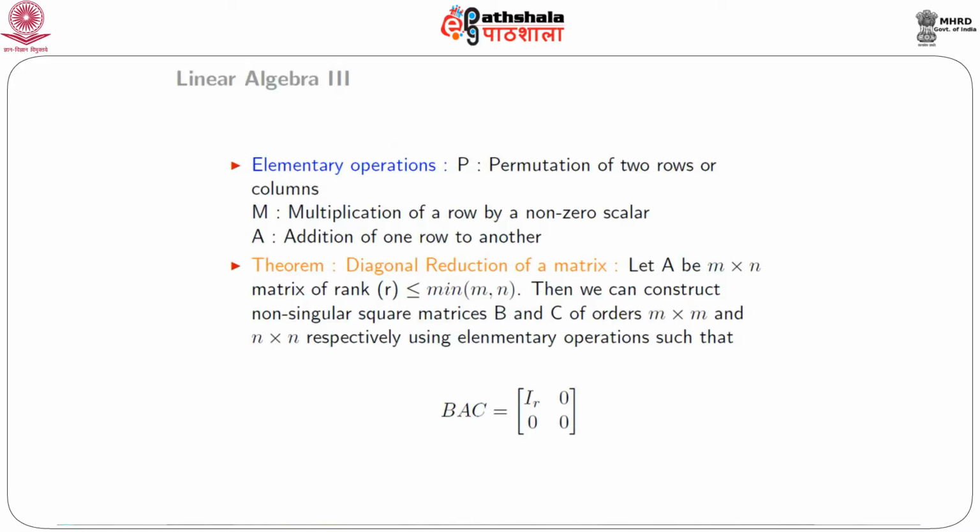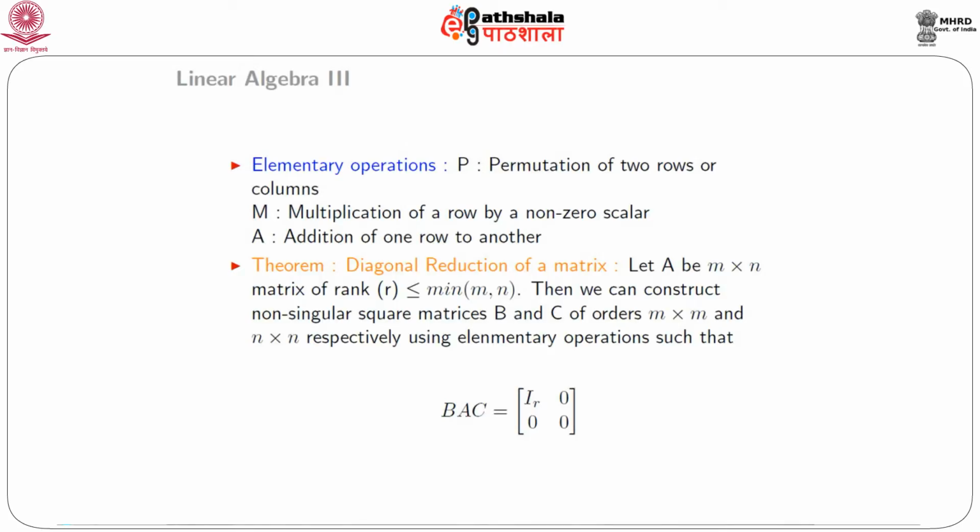Let A be an m cross n matrix of rank r. Then we can construct non-singular square matrices B and C of orders m by m and n by n respectively using elementary operations such that BAC becomes the matrix shown on the right.